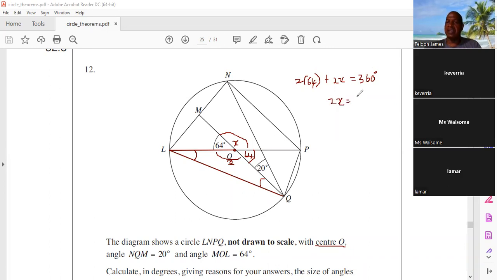So that means 2x is equal to 360 minus 128. What do I get? 232, sir. 232. And that means you can find x by dividing both sides by 2. So x is equal to what? 116. Yes, sir.